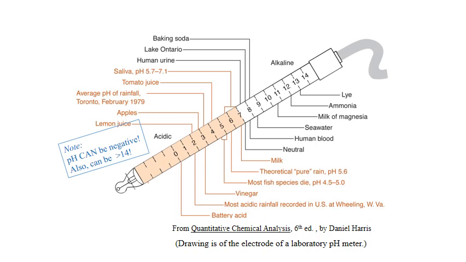The most acidic rainfall ever recorded in the United States was, wow, look at that, between pH of 1 and 2. So there's just some interesting things on here. I thought I'd mention that, and it again reiterates that the pH can be negative or greater than 14.